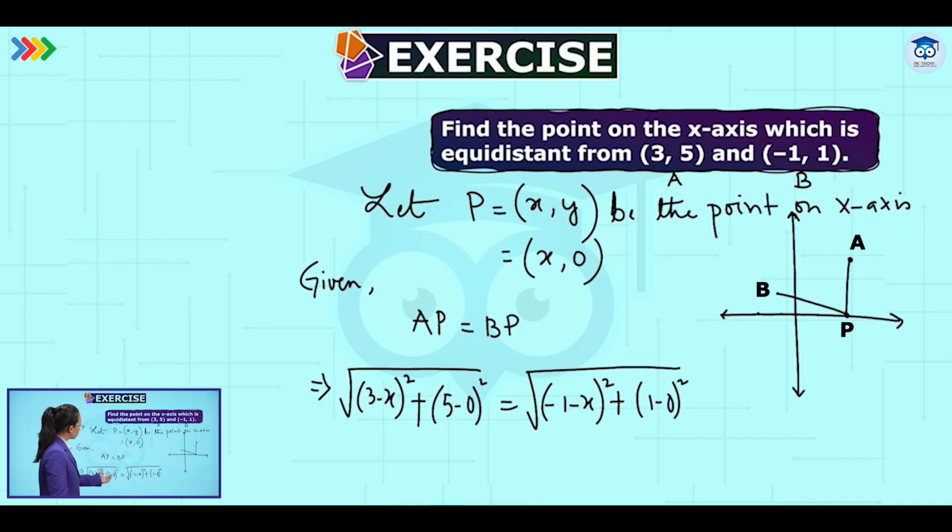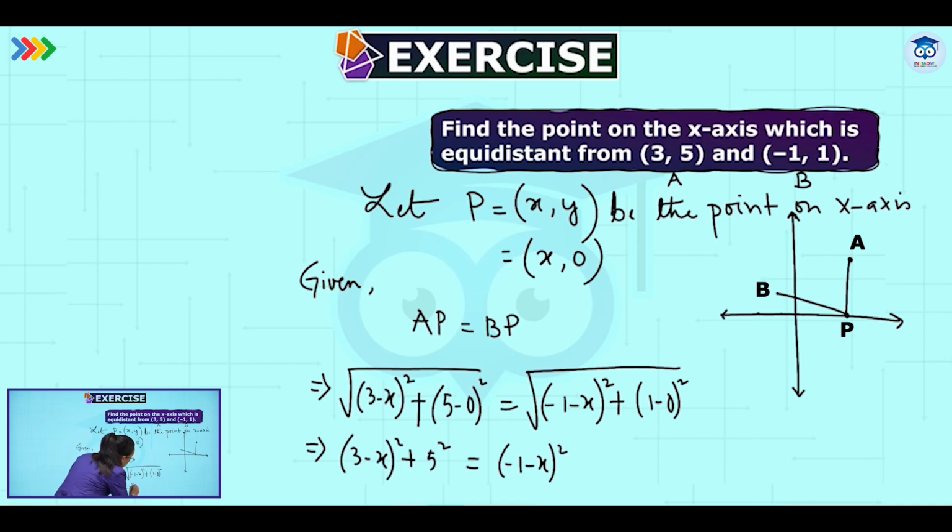Now both have the square root, so we can remove the square root by squaring on both sides. Now we are left with 3 minus x the whole square plus 5 square is equal to minus 1 minus x the whole square plus 1 square.